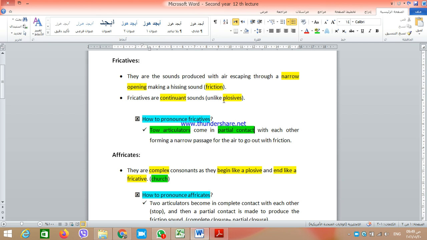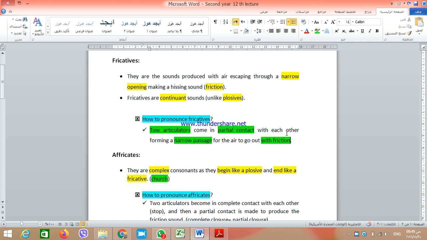While in a fricative sound, we have two articulators coming so close to each other, making a contact, but that contact is not a complete one. It's a partial one. So whenever we have a partial contact between the articulators, we still have a narrow passage for the air to go out, but with friction.